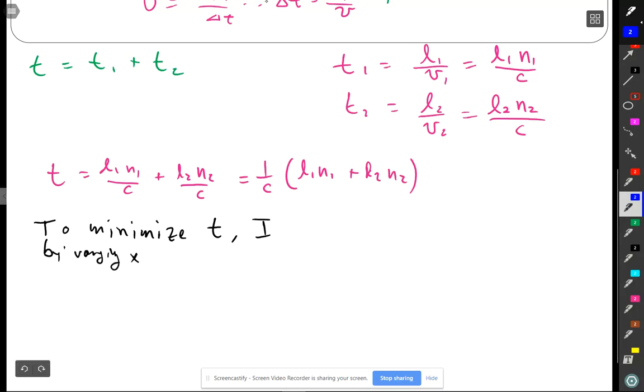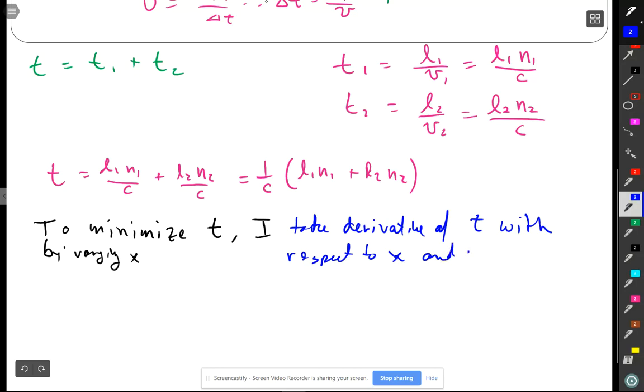So I take the derivative of my variable I want to minimize, t in this case, with respect to the variable that I can vary, x, and set it equal to 0.